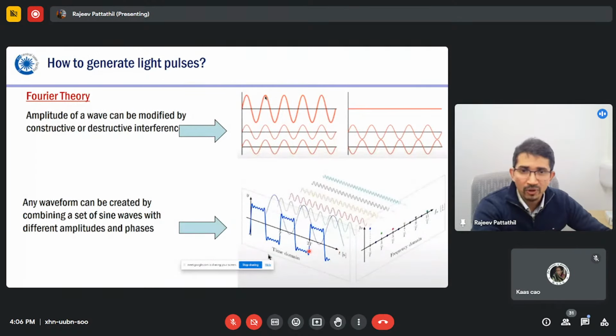So this is actually important, and this is one of the fundamental principles of how you generate light pulses, or any pulses for that matter.